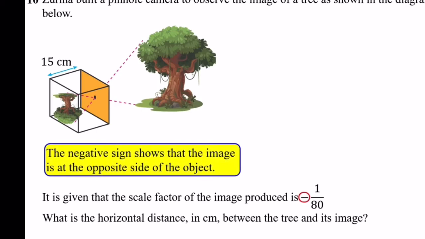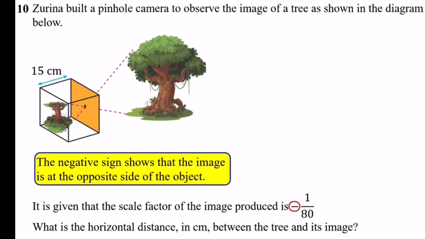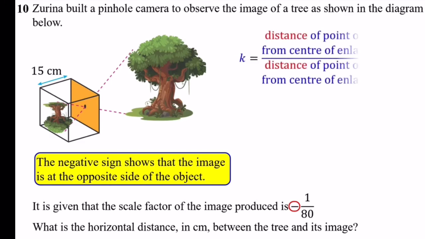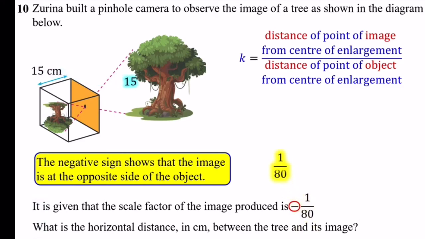We have to find the distance from the center of enlargement to the real tree, because the distance from the image to the center of enlargement was given as 15, so later we can just add the 15. The scale factor is given by the distance of a point of the image from the center of enlargement over the distance of a point of the object from the center of enlargement.